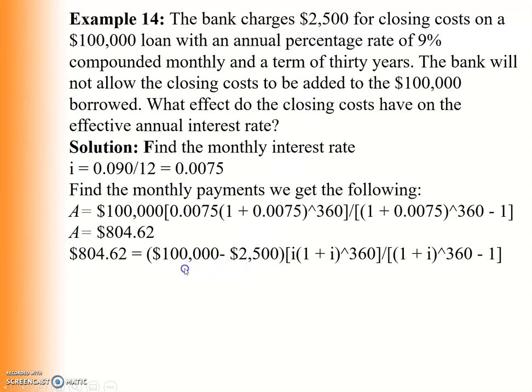Although the monthly payments will be calculated based on the $100,000, the net amount the borrower will get is based on $100,000 minus $2,500. So using the same formula, with the same monthly payment value, we can now solve for the interest rate.